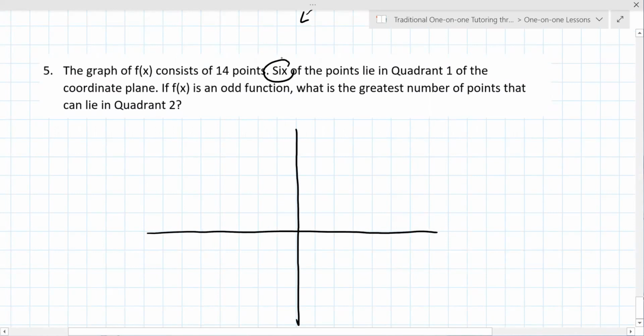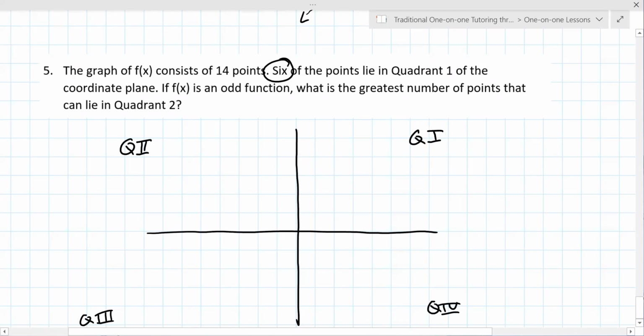It says 6 of the points lie in quadrant 1. So quadrant 1 is over here. Where is quadrant 2? Do you know? Quadrant 2 is below it? No, it's here. That's why somebody came up with this. You just have to know this to be able to do well in this course.